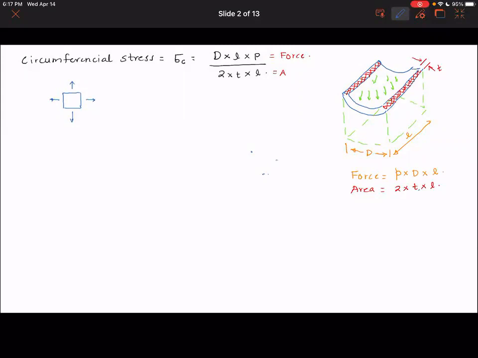So this is an important observation. Sigma C and sigma L will be perpendicular to each other and act simultaneously.